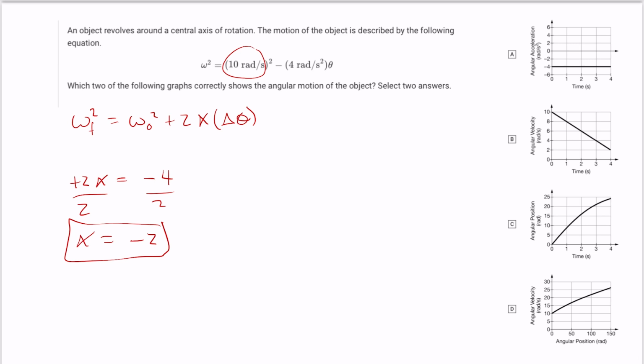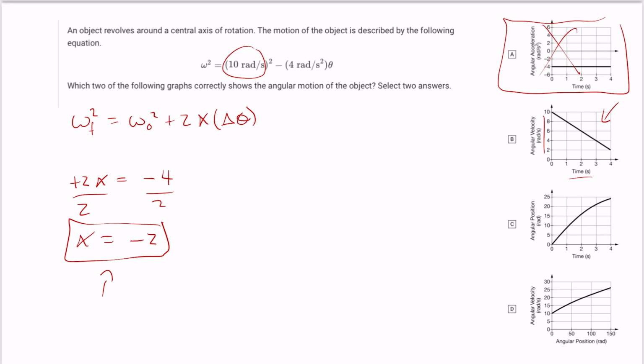All right, so for A, it says that we have constant angular acceleration at negative 4, but we just found out that our angular acceleration is negative 2. So yeah, our angular acceleration is constant, but it's not negative 4, so I'm going to cross that one out. For B, this one's just angular velocity versus time, but it does look like it has a constant negative acceleration. Let's check really quickly to see if it's at negative 2.